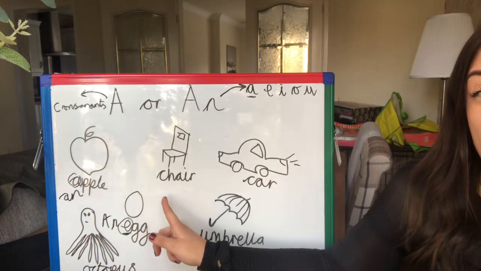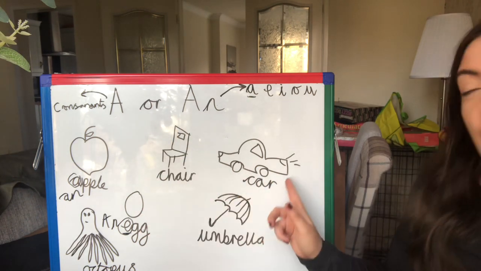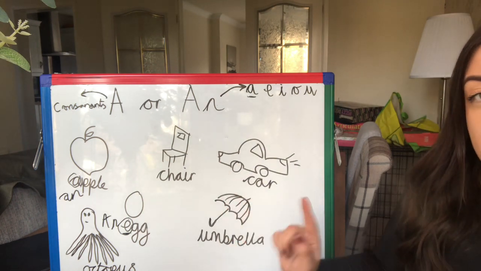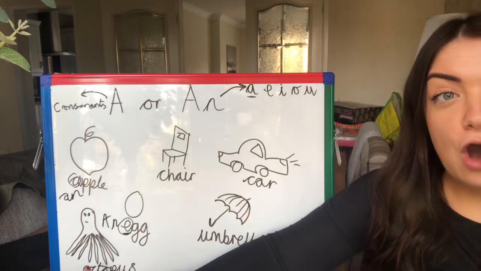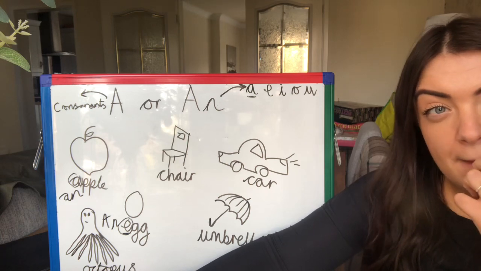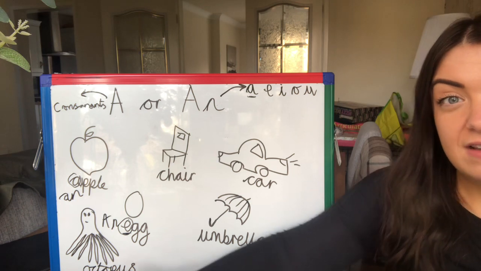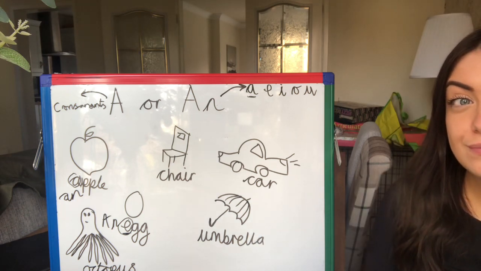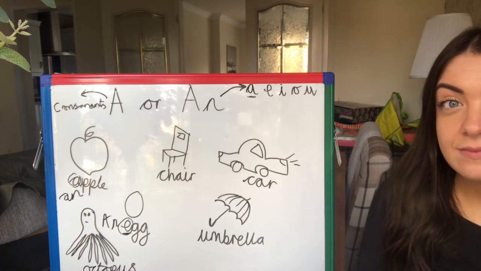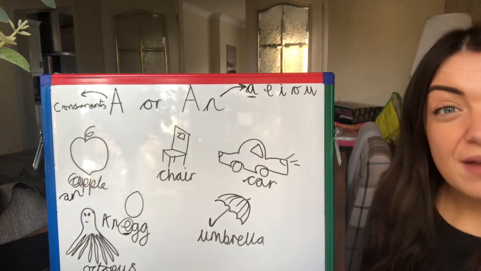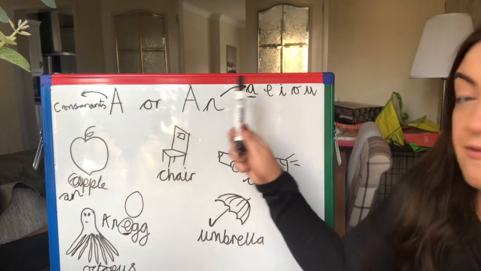So I've got a chair, I've got a car, I've got an umbrella, and I also have an octopus. Now would that be a or would it be an? Have a little go. So hopefully you've had a little go at that and found that pretty easy if you are following our rules.